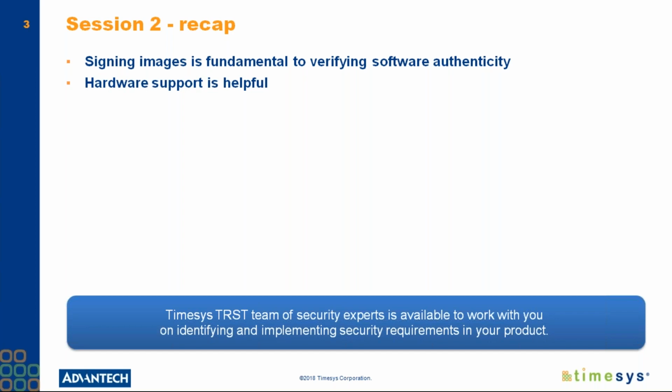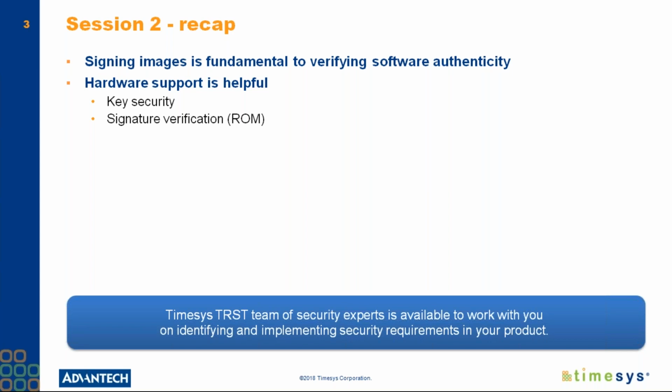We also discussed the fact that software authenticity, the signing of the software, has to be backed by some sort of hardware features. Advantech's hardware that's equipped with NXP's processor provides a lot of features that assist with security.